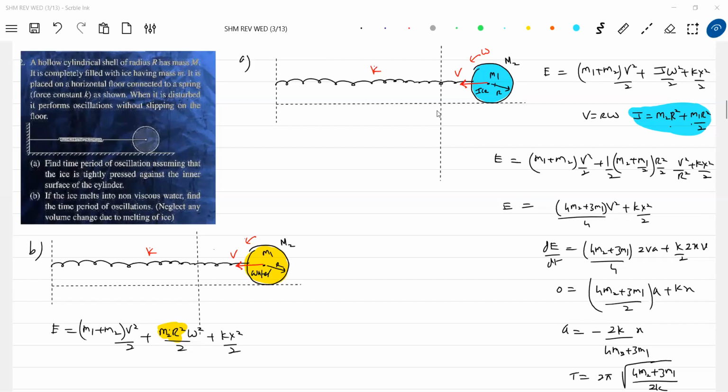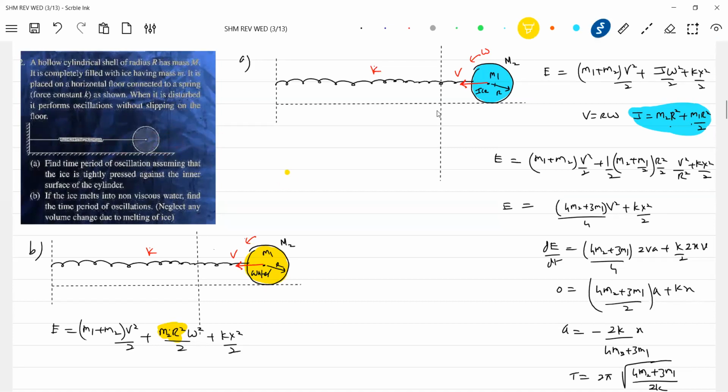If water is viscous, there'll definitely be rotation, because as the water moves there'll be friction between the layers of water. So definitely it will be damped oscillation. The amplitude will keep on decreasing.